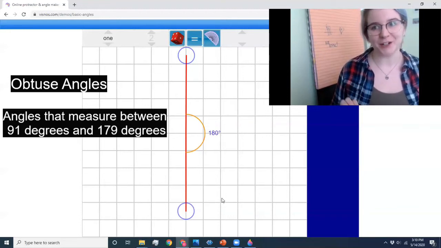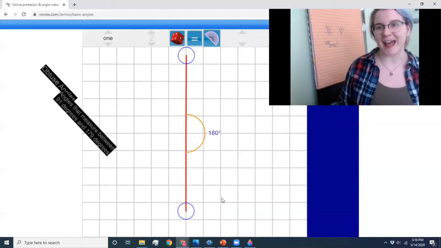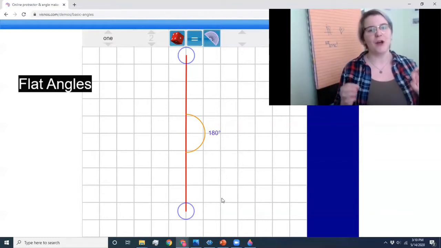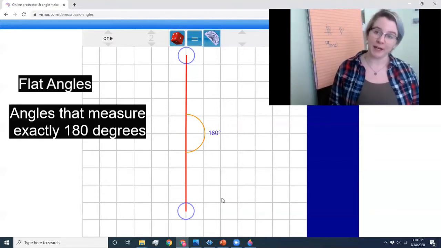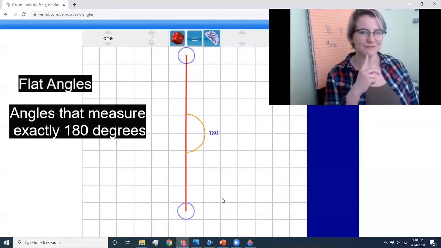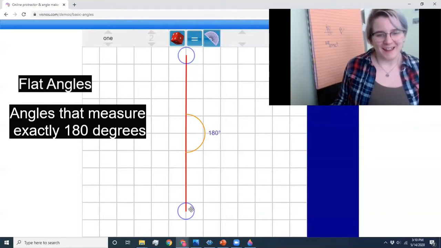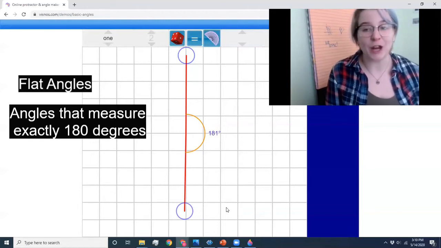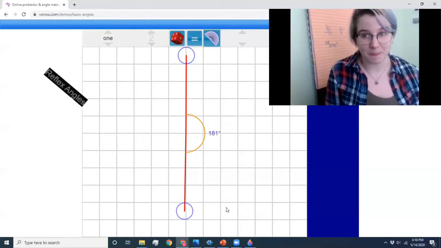At 180 degrees, we are suddenly looking at a flat angle. Flat angles always measure 180 degrees. What happens if we keep going? Suddenly, we are looking at a reflex angle.